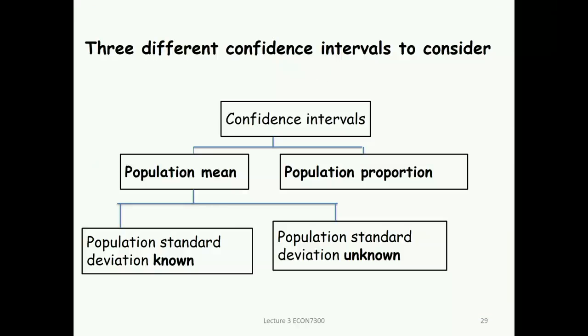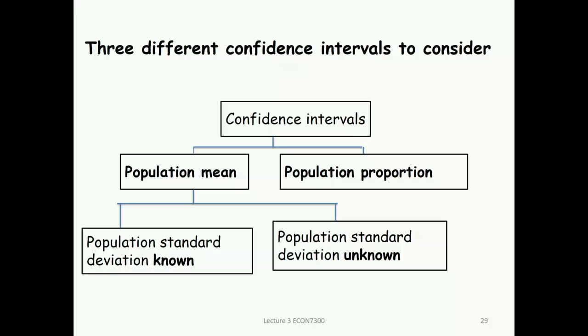So this is what we are going to do today. So still, lecture 3, we haven't properly started. We just simply introduced it. I will do a confidence interval for the population mean, for mu, when the population standard deviation is known or when the population standard deviation is unknown.